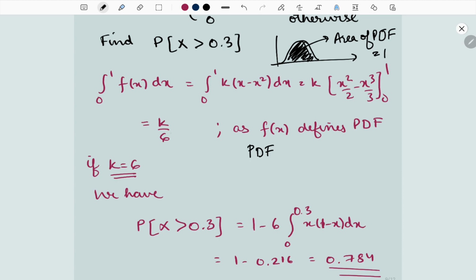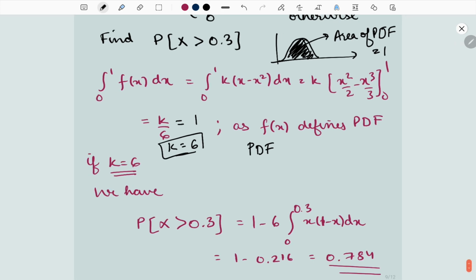So if k by 6 comes up, we will equate it to 1 and get k equals 6. Now to find the probability of x greater than 0.3, what we will do is subtract the probability of x less than 0.3. So this value will be 1 minus P of x less than 0.3.